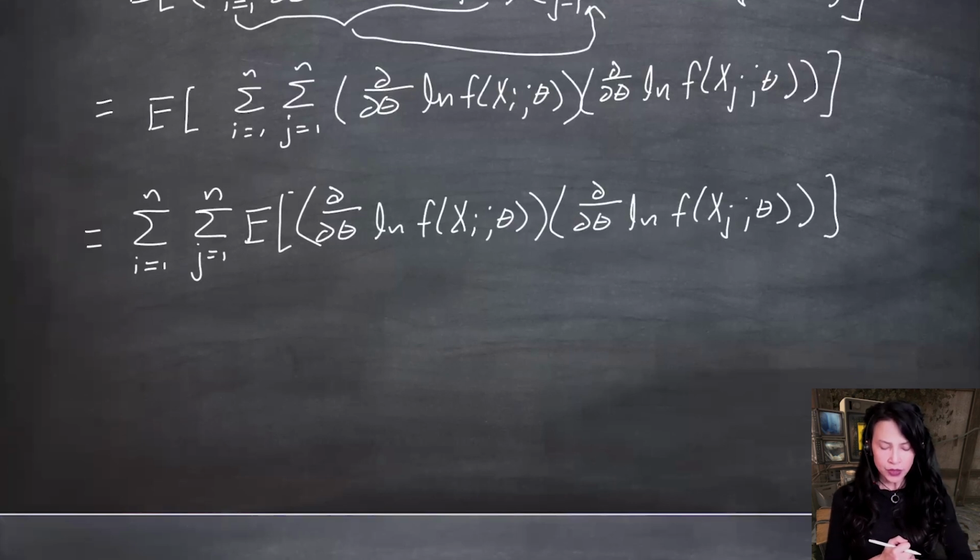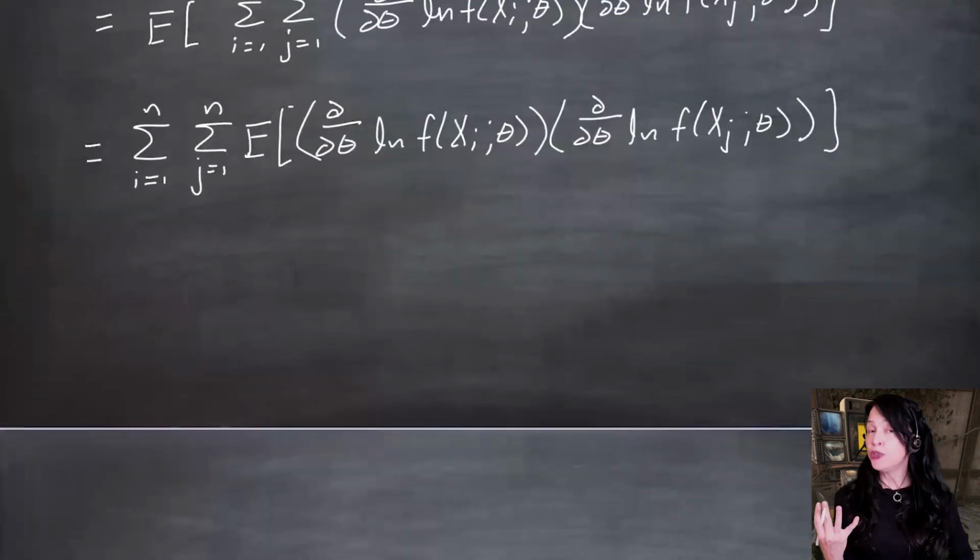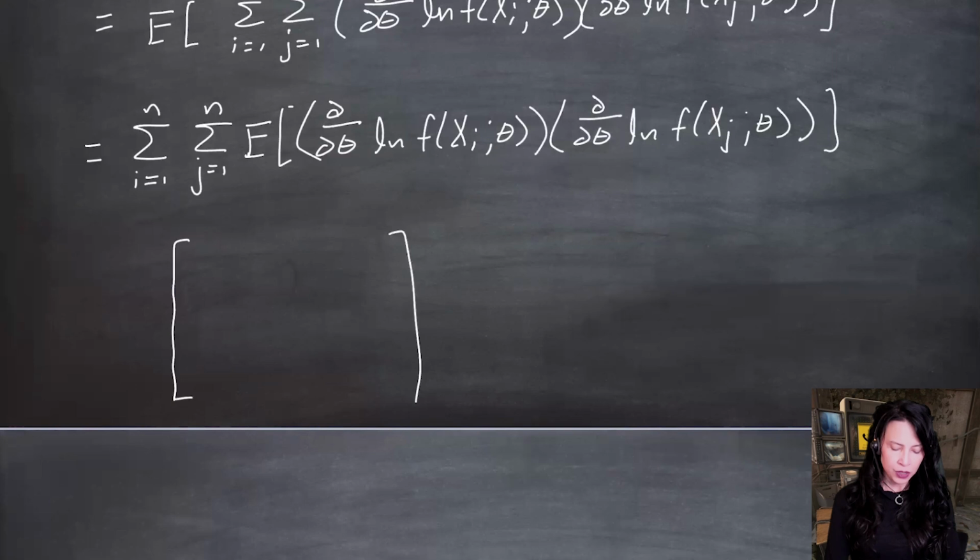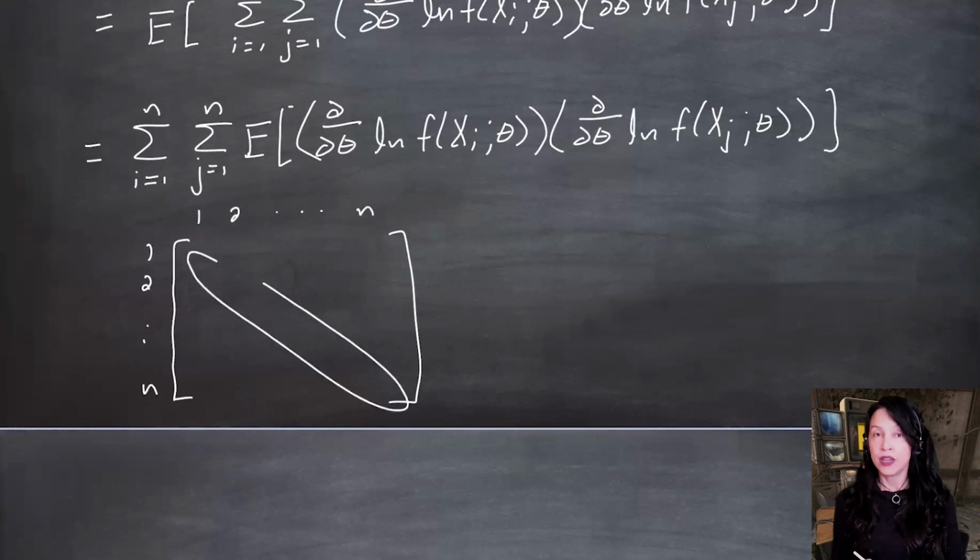Okay, so note that we have n squared terms here. Whenever I'm doing a double sum like this, I think of the terms arranged in a matrix, an n by n matrix. And so we have n terms in the diagonal, and that's where j equals i.